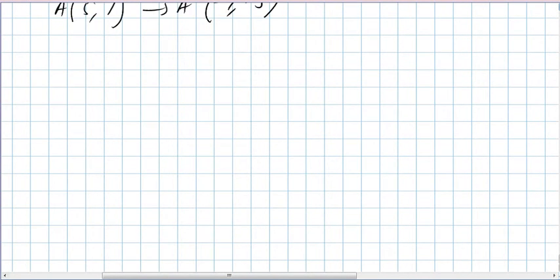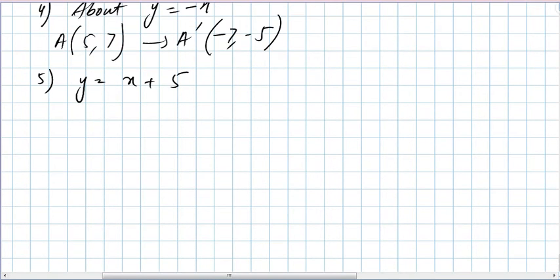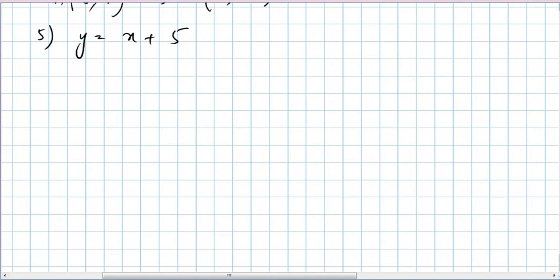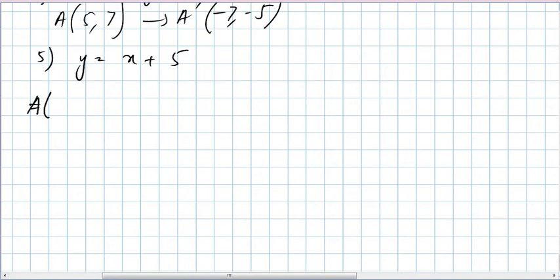Now one more thing we can discuss. If we have a line y is equal to x plus 5, the same point A we can reflect about this line without using any graph paper. How? For example, the point A we have the coordinates 5 comma 7. You will just input this 5 value over here.